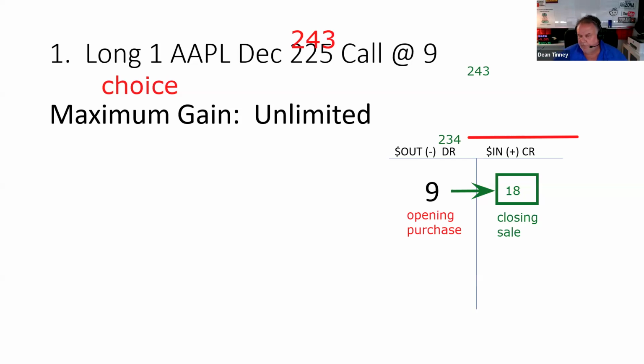Here we only made 9 points. Anybody know what the distinction is? So the person who bought, your customer who bought one Apple December 225 call at 9, when Apple is at 243, made 9 points. And the guy who bought the Apple at 227 and sells at 243 made 16 points.